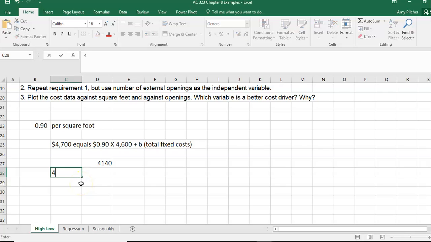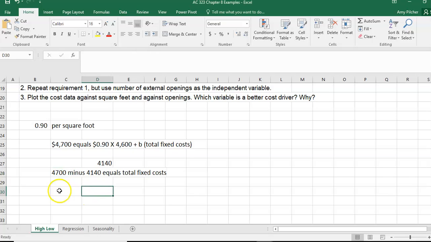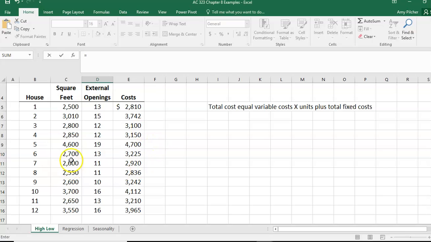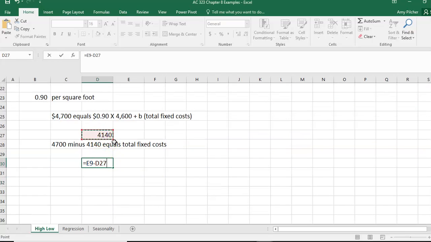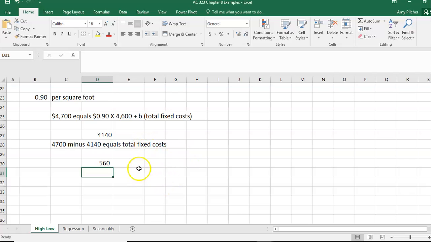So 4,700 minus 4,140 equals our total fixed cost. Our total fixed costs in this case are $560.